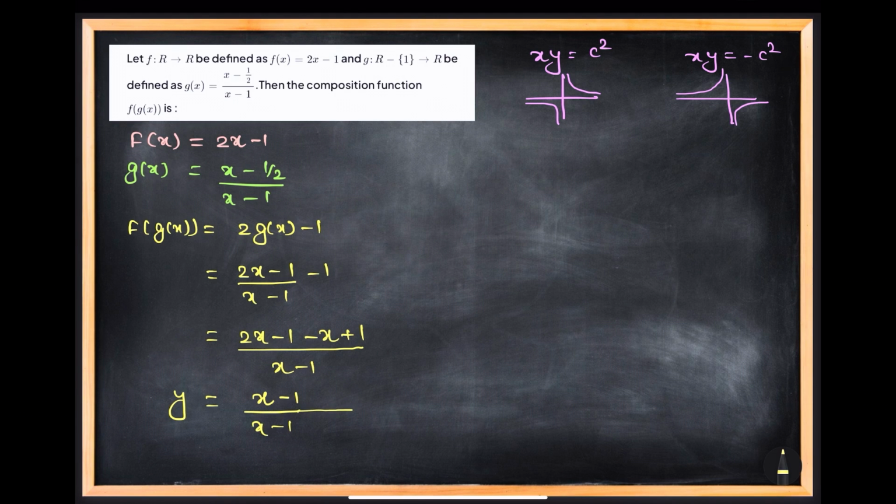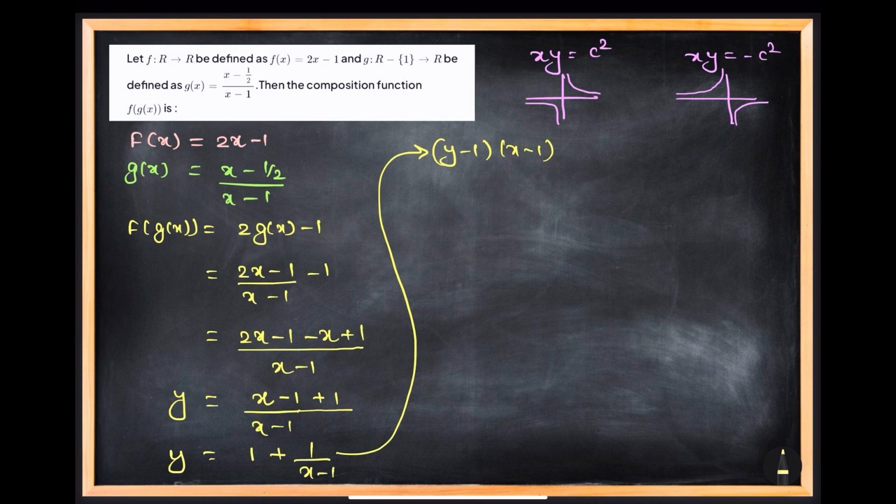Now as I have introduced minus 1, the expression becomes unbalanced, so to balance it we write plus 1. So can I write y equals 1 plus 1 by x minus 1? And if you modify this, we have y minus 1 into x minus 1 equals 1.